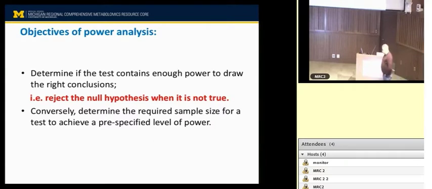So for example, up to this point we have really talked about p-values and false discovery rates, but somebody may ask, what is the probability that, given that you have 10 subjects in the control and 5 subjects in the NFLD, you are able to reject the null hypothesis when it is not true.